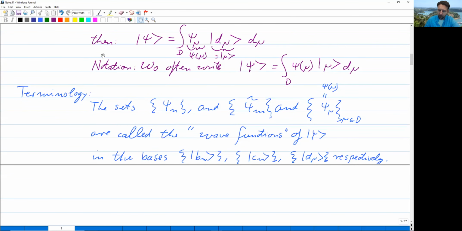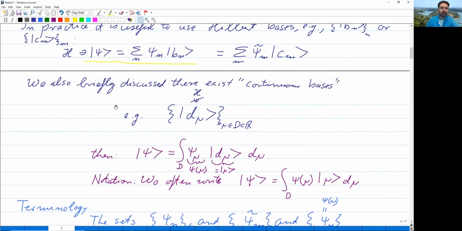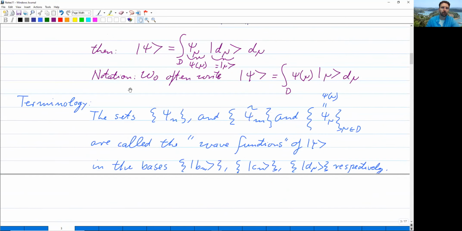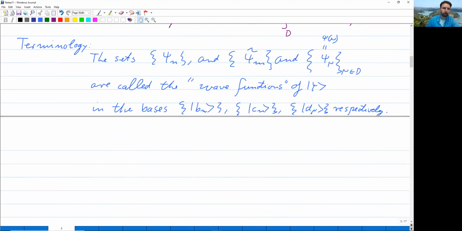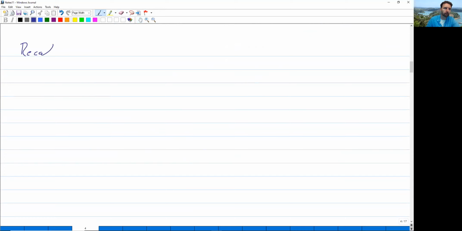Let's make a little observation which will lead to a very useful trick. Remember this equation that's underlined in yellow here. Let me write it out again below. Recall, we have that psi is expandable in the Bn basis as the sum of psi n Bn.